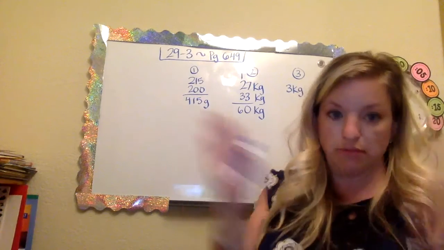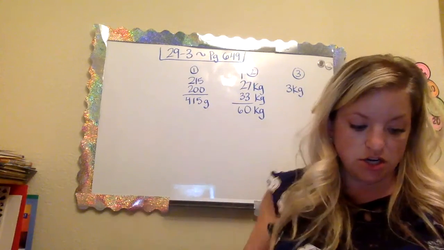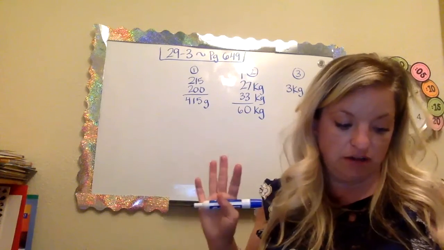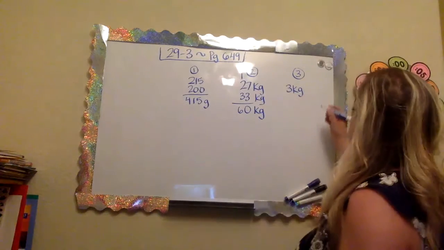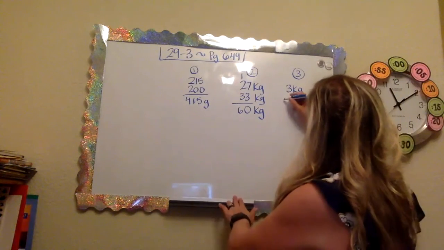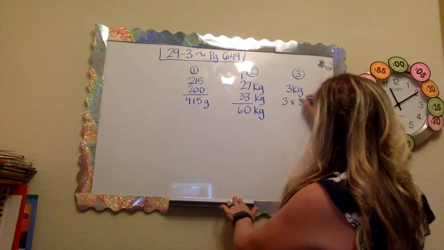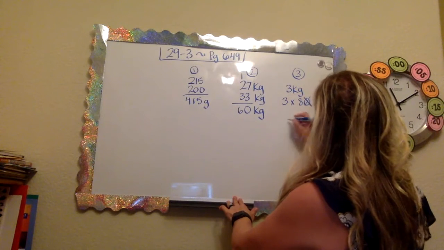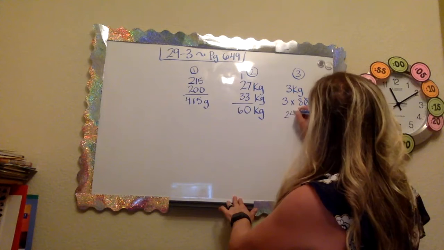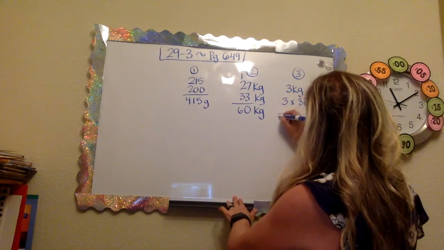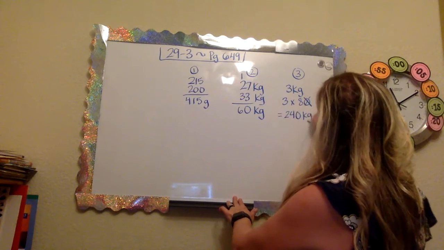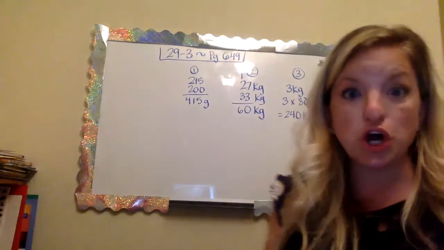The first 2 combined equals add. Here we have groups of, so we need to do 3 times 80. Okay, cross out the 0. 3 times 8 is 24. Add the 0 back on. 240 kilograms. That's a lot of snow.